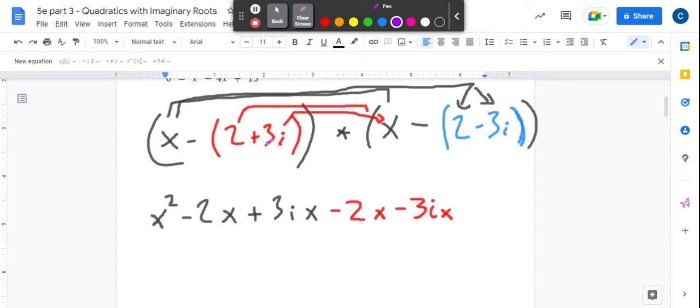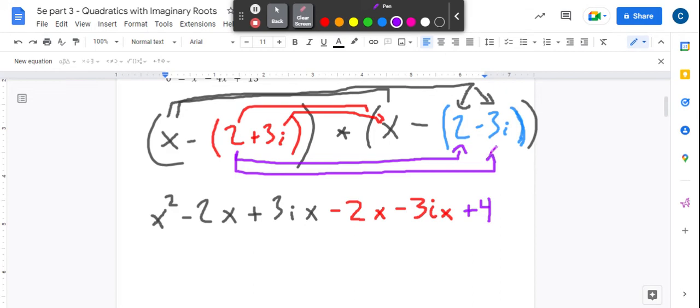I'm going to do this in purple here just so I combine the red and the blue. The negative 2 distributing to a negative 2 gives us a positive 4. The negative 2 is going to distribute to the positive 3i, negative 2 times a positive 3i, that's going to be a minus 6i.